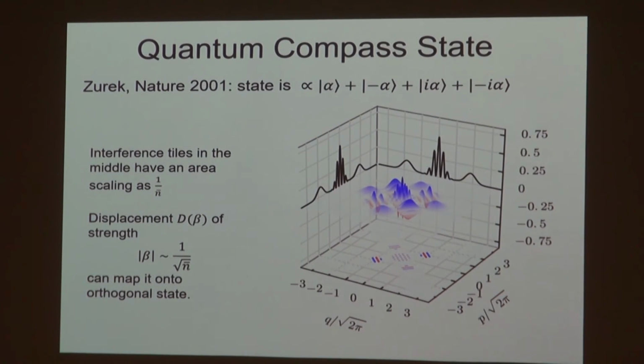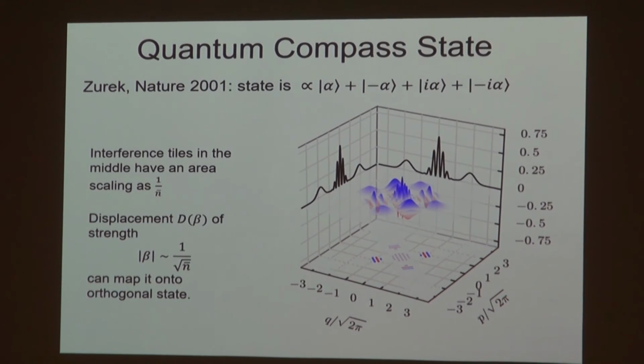So I have a superposition of alpha, i alpha, and minus alpha, minus i alpha, like a compass pointing in the 4 directions. What he observed is that if I look at the Wigner function, then in this middle area there are very small tiles in which the Wigner function switches from very positive to negative, then a positive tile and then a negative tile. And the scale of these tiles is like 1 over n, the number of photons.